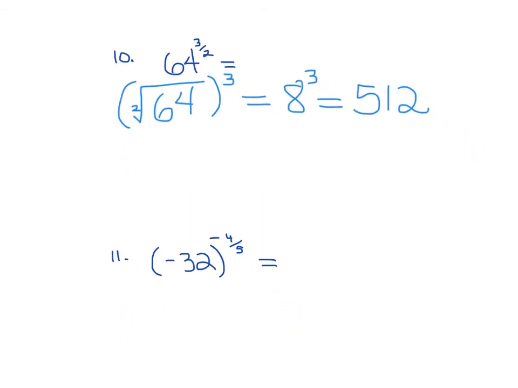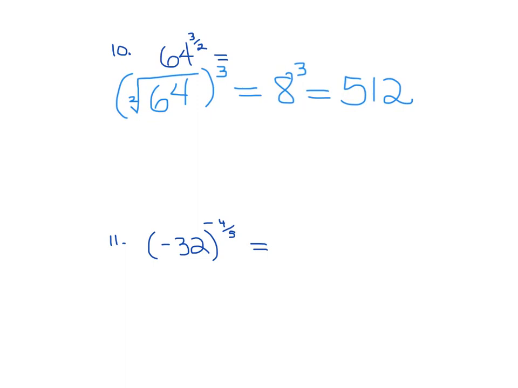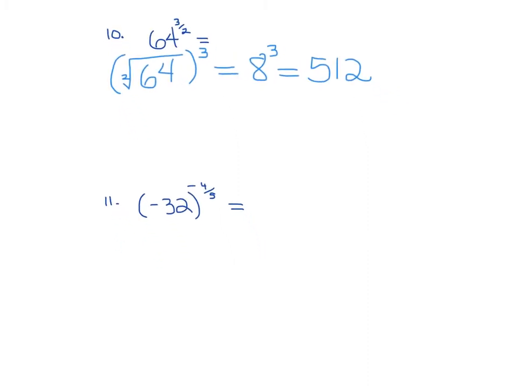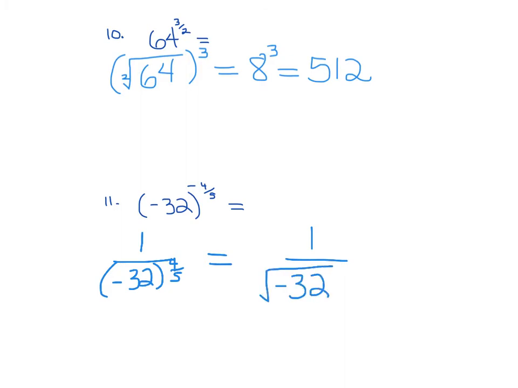The next one, I know it's a negative number, but my root is an odd number, so I can do this. Again, it's also a negative exponent, so I need to take the whole thing and move it to the bottom. Make my exponent positive now. And now I'm going to write it as negative 32. I am trying to find the 5th root, and then I'm going to raise that answer to the 4th power.